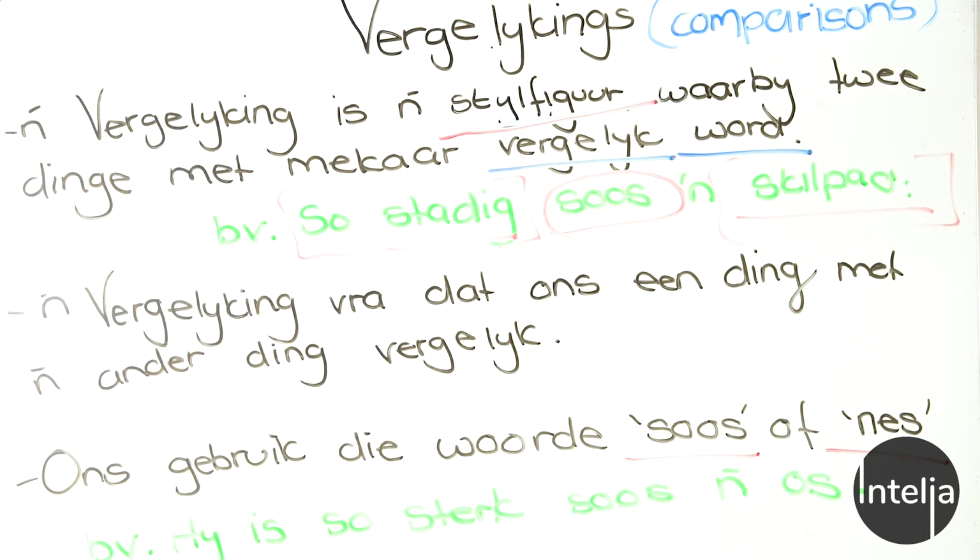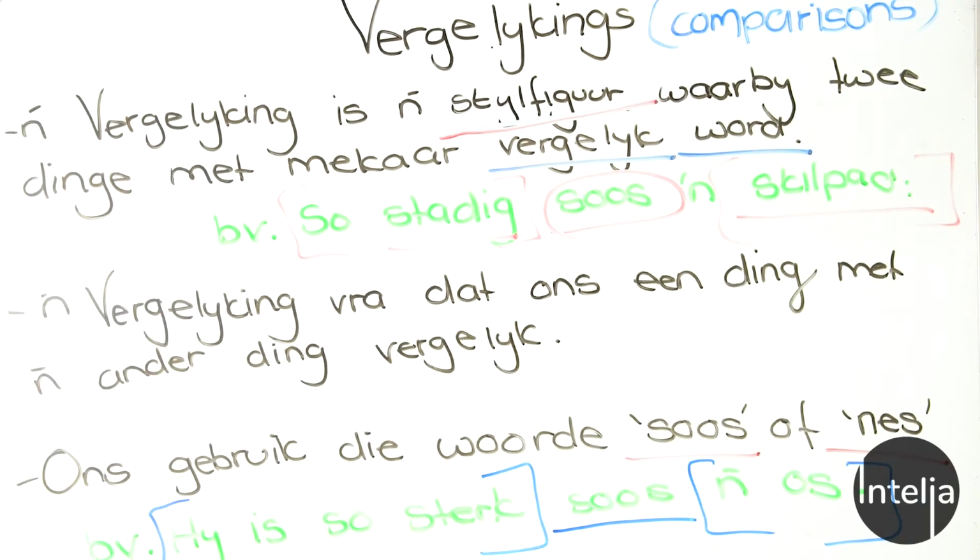Here's our examples. Hy is so sterk soos 'n os. We are comparing him being so strong to the strength of an ox so that you understand fully how strong this person is.